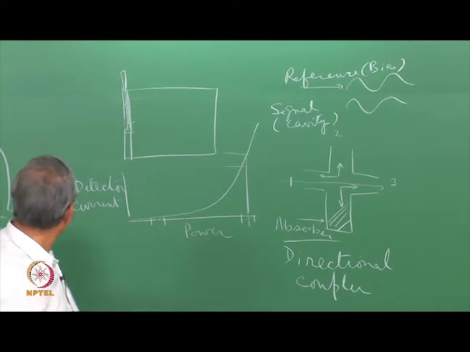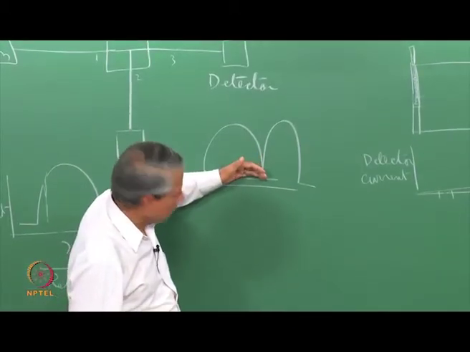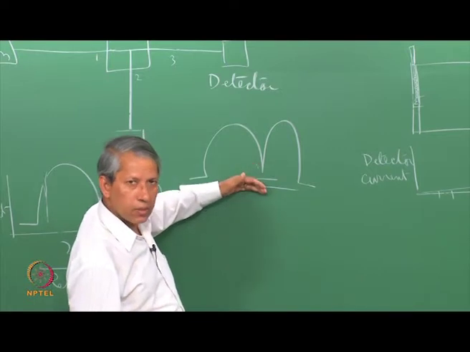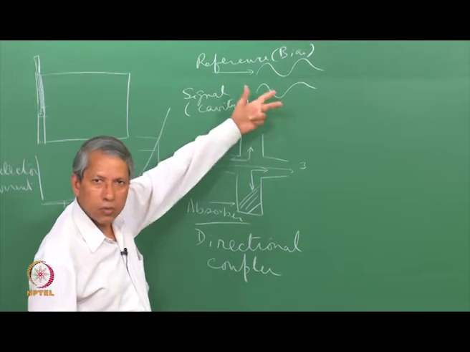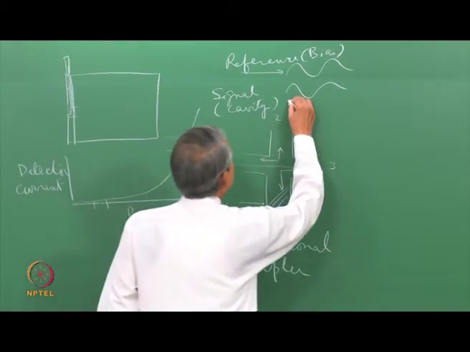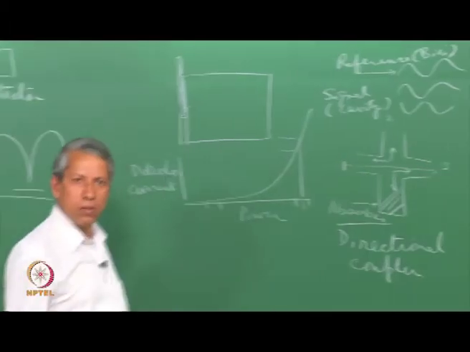So, when you go from here, very nearly critically coupled condition, to the over coupled condition, the phase of the microwave power that comes from the cavity actually becomes opposite. So, it becomes this type of thing.